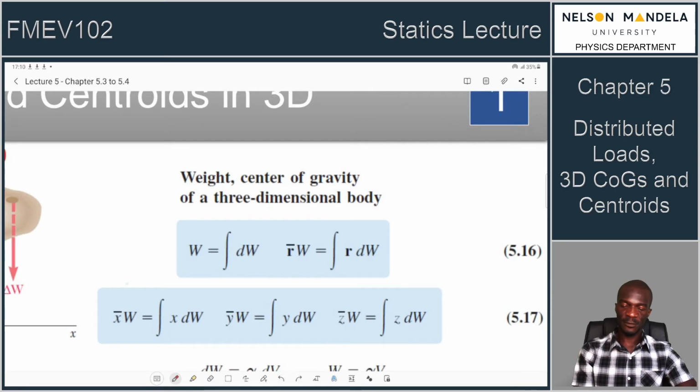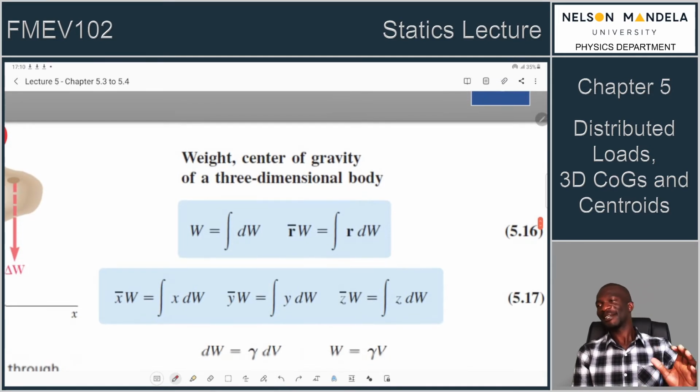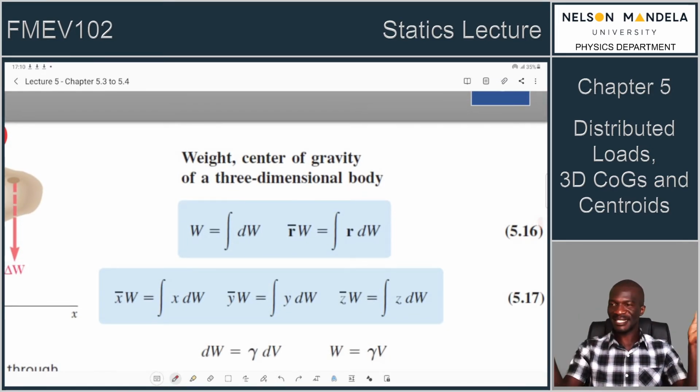This means therefore we will have x components by integrating x with respect to the weight, y component integrating y with respect to the weight, z component by integrating the z function with respect to the weight.